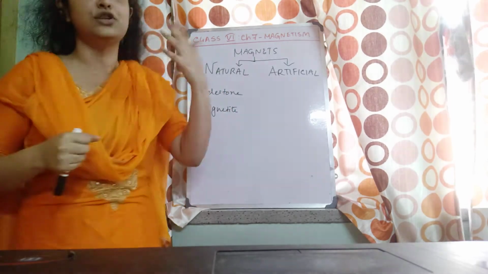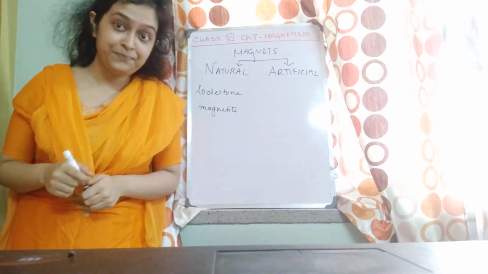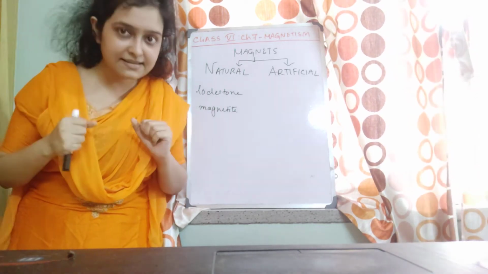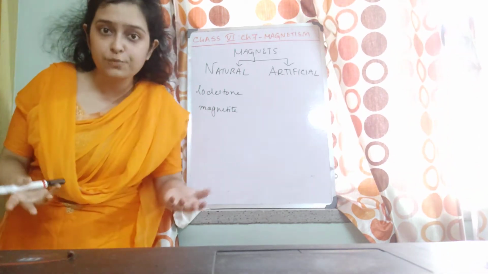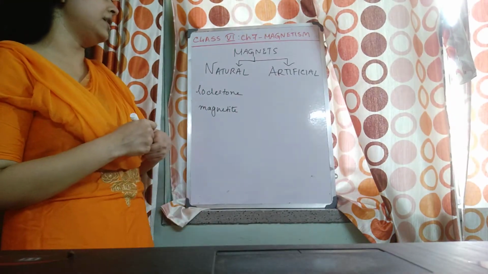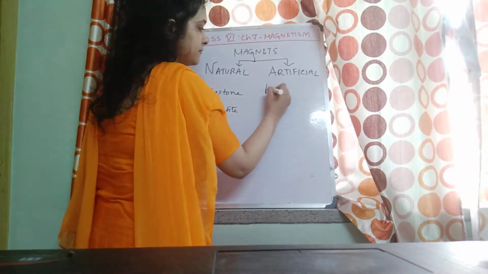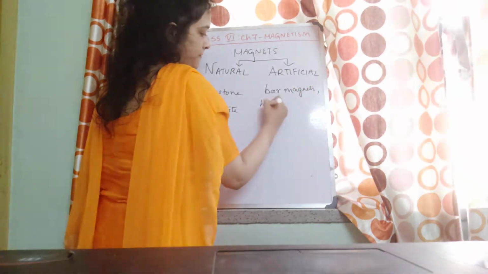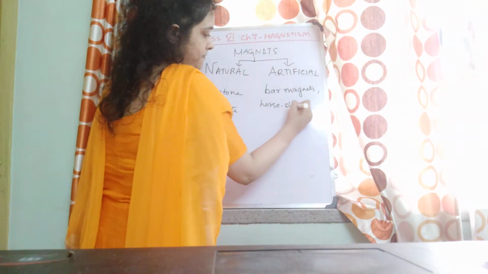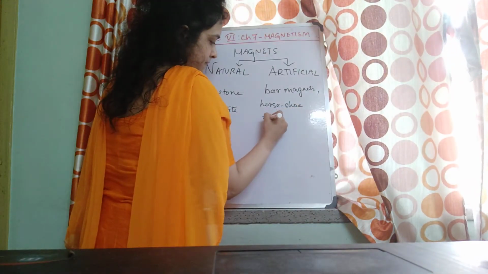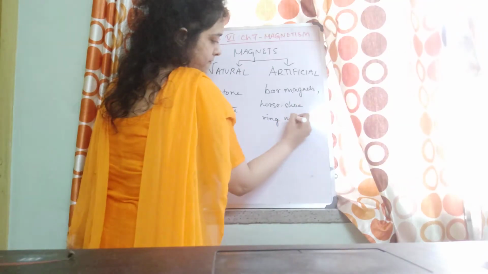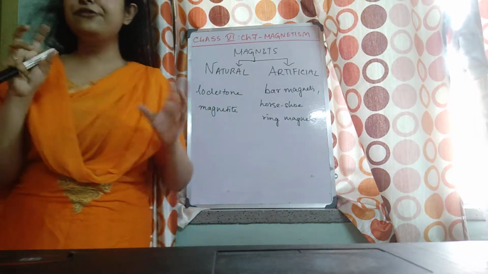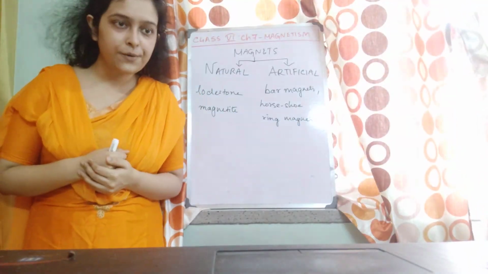But the magnets which man is making can be given different shapes and sizes like bar magnets, horseshoe magnets, ring magnets, etc. The different pictures are given in the book.